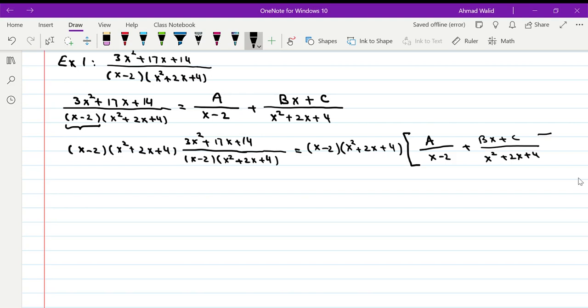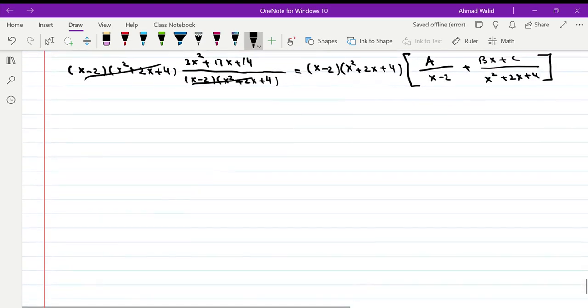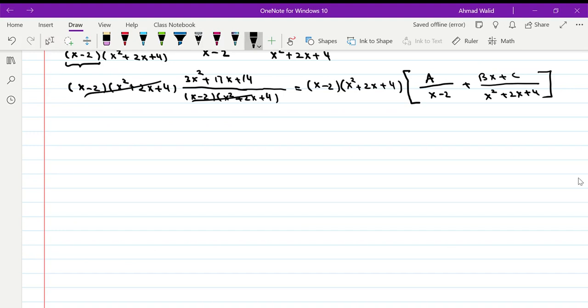Let's simplify. Right side, these two cancel out. Now what is left on the right side?